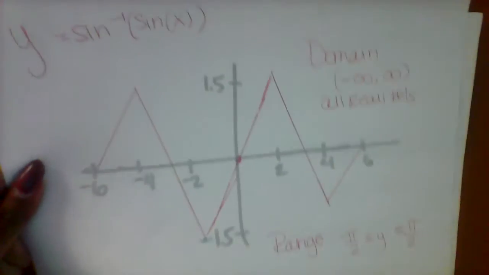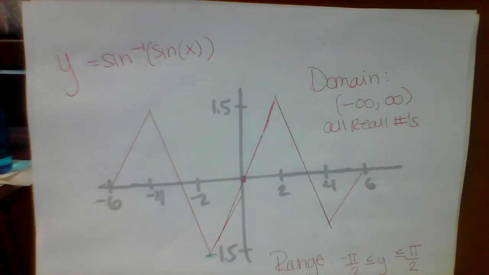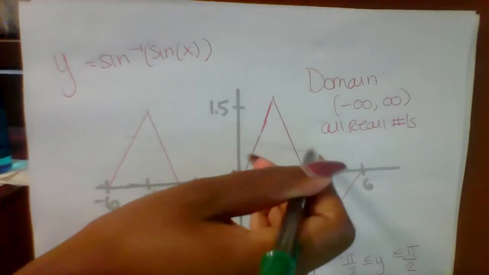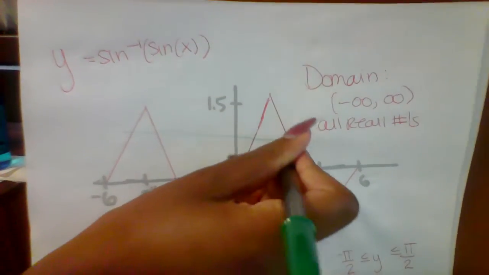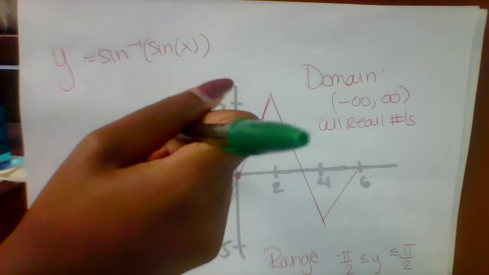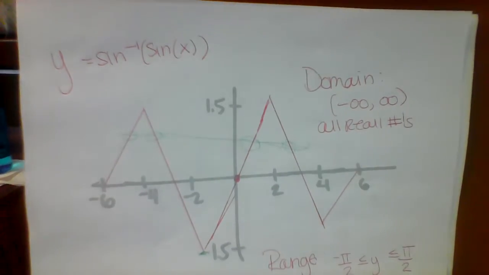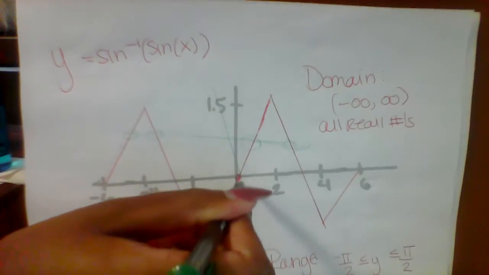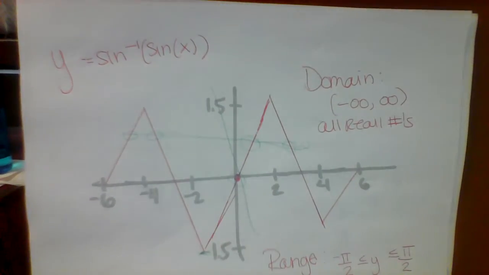But if we were to go back to sine inverse of sine of x, does this one pass the vertical and horizontal to be one-to-one? It doesn't. If we were to draw a horizontal line, it touches it 1, 2, 3, 4, and that's too many times. And if we were to draw a vertical, it only touches it once, and that's fine.